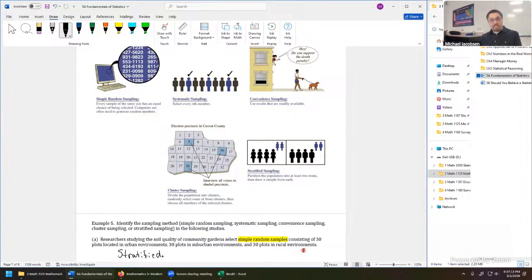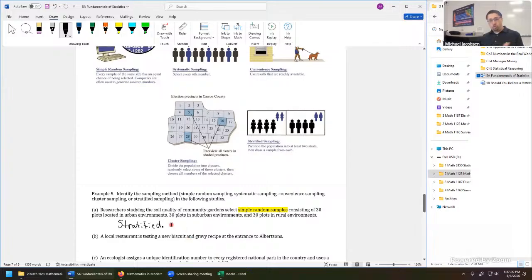So again, that's pretty much just the definition of a stratified sample. It would be tedious to write out that definition each time. It's okay to just give that as a full response. This one is stratified.